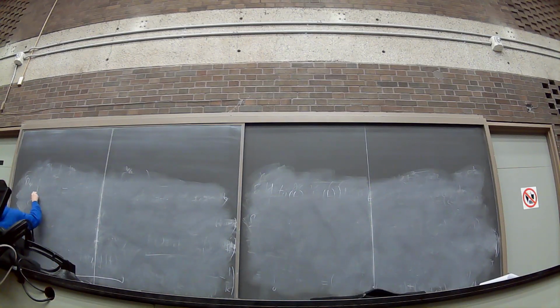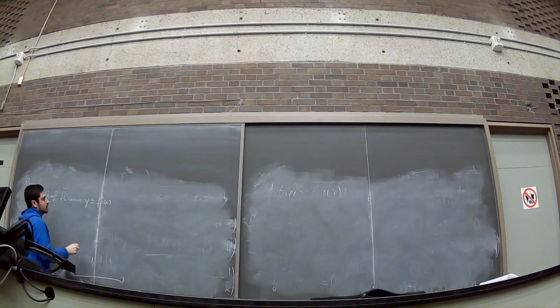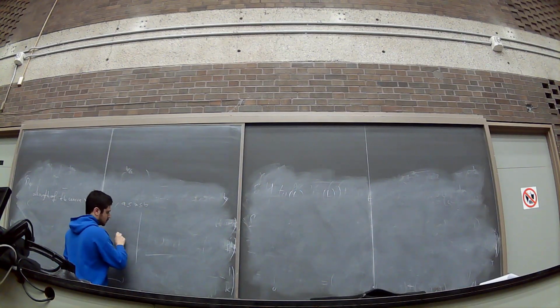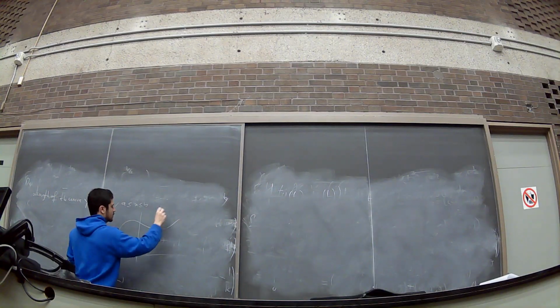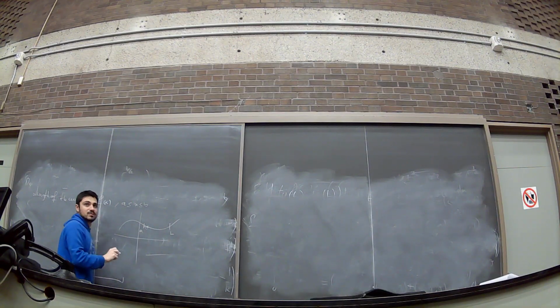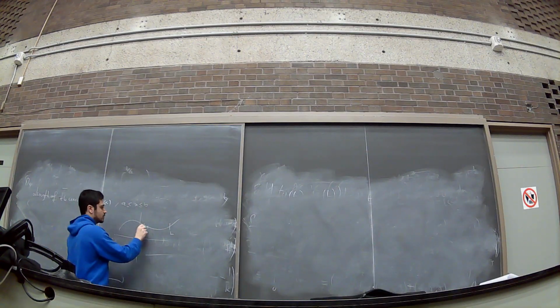So the length of the curve y equals f of x, from x equals a to x equals b. You decompose it, and you approximate it by line segments, right?